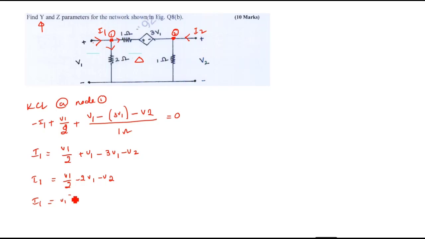So V1 times 1 by 2 minus 2, 2 minus half is 1.5, but it is minus, so minus 1.5, minus V2. Write it in standard form: I1 equals minus 1.5 into V1 minus V2. Call this equation number 1.